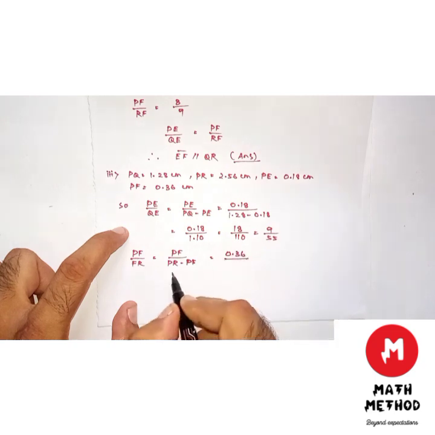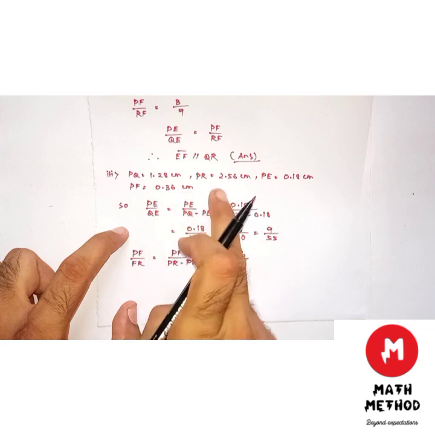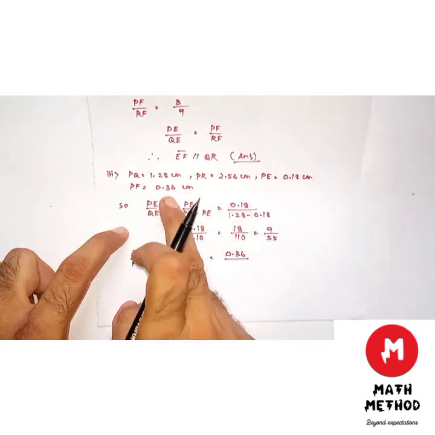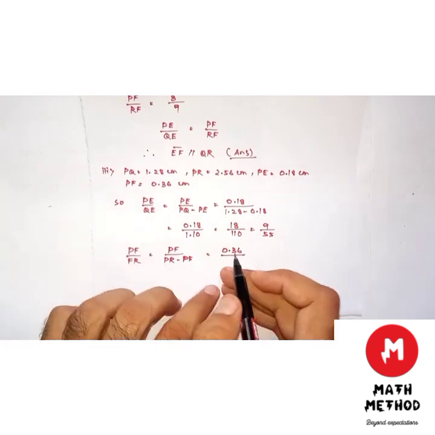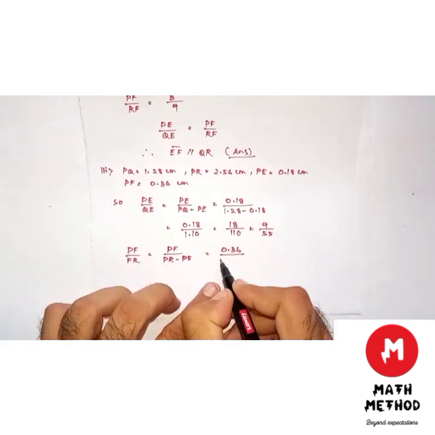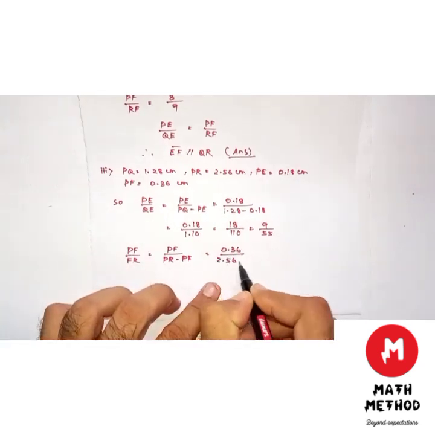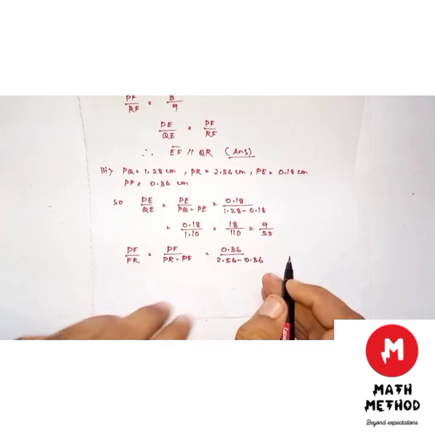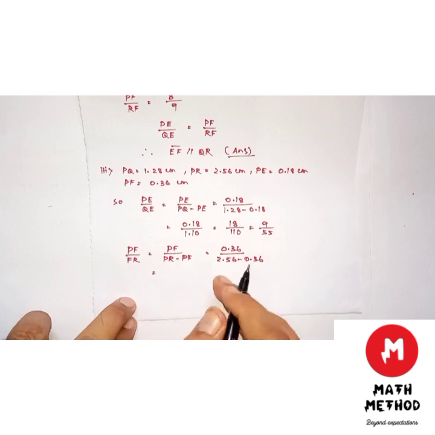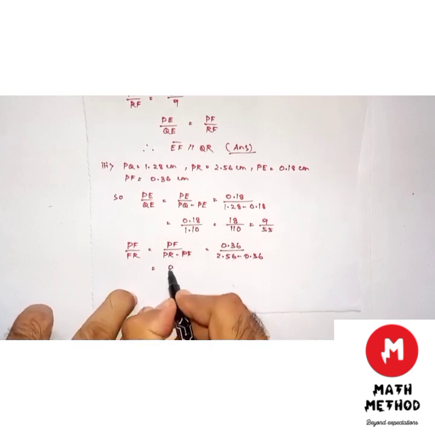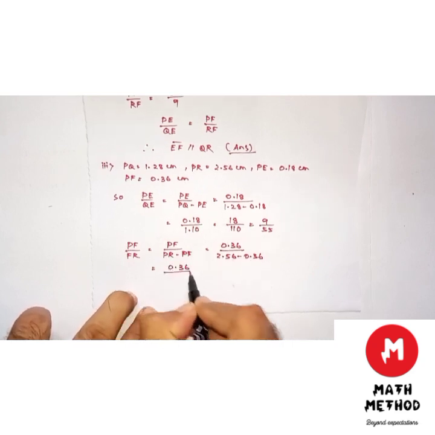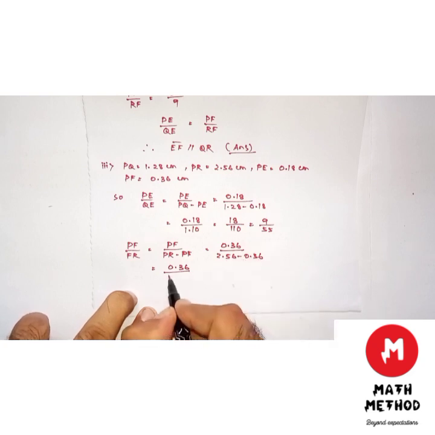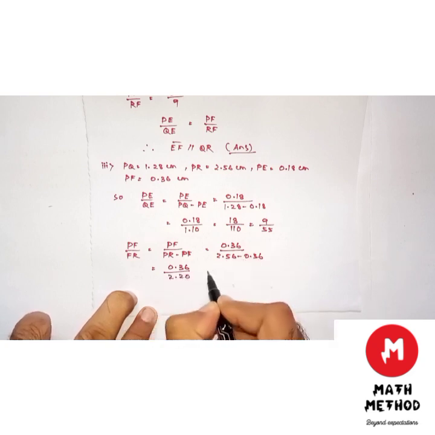upon PR minus PF, which is 2.56 minus 0.36. Clear? So PF upon FR is equal to 0.36 divided by 2.56 minus 0.36, which is 2.20.